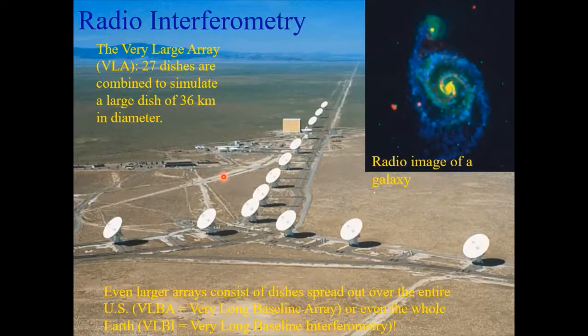And by moving them apart, remember, we can get more resolution, because bigger telescopes mean more resolution. This is a radio telescope image of the Whirlpool galaxy, showing what it looks like in radio waves. And by the way, speaking of interferometry, radio astronomers can even connect radio telescopes from different continents together and create basically a telescope the size of the Earth.